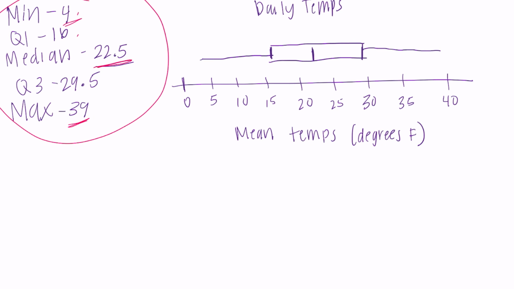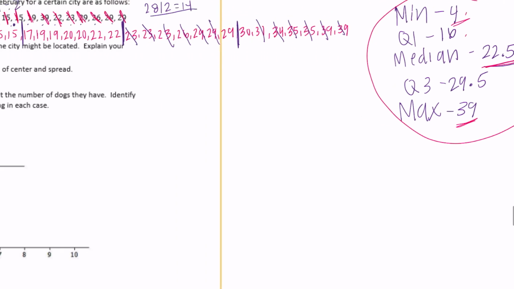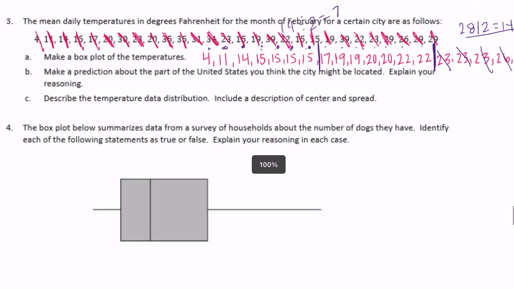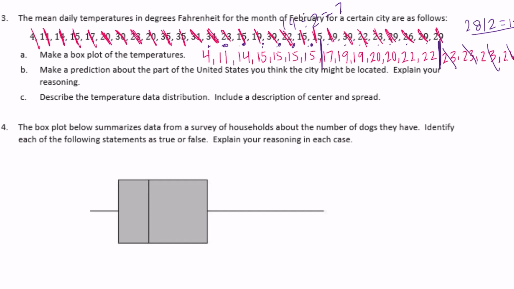I'm from Cincinnati, Ohio, and it rarely even gets this cold. So probably more northern than southern Ohio, maybe like Minnesota, Michigan, something like that. This seems like a cold winter. So I'm going to say north, very cold winter.